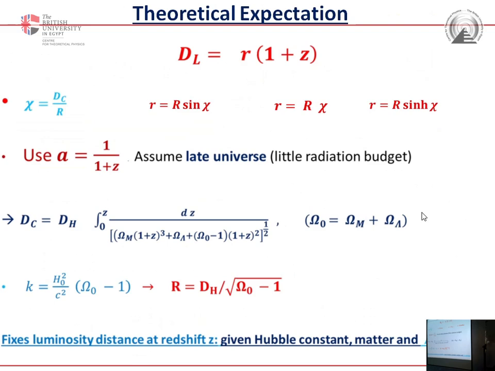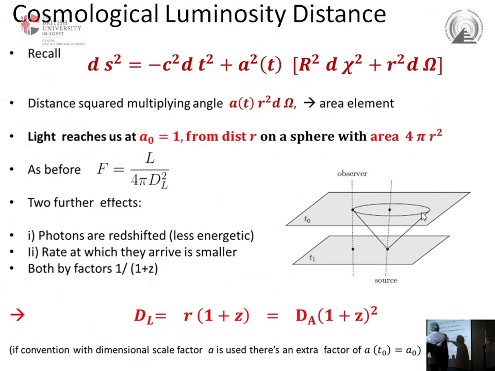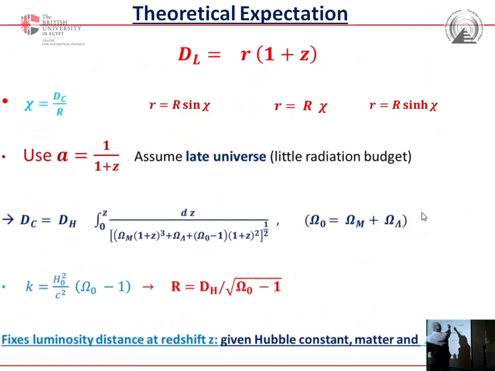To compare with that, we make a plot of these observables. We observe luminosity distances simply by using a standard candle: if we have a standard candle and we observe a certain luminosity, then we can get a luminosity distance. We need to compare it with a theoretical luminosity distance. What is the theoretical luminosity distance?